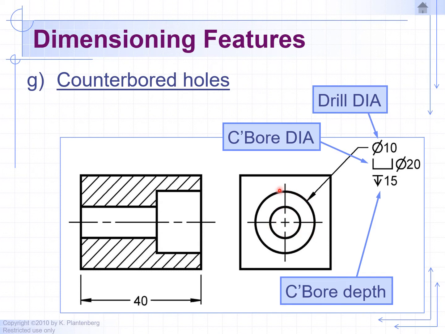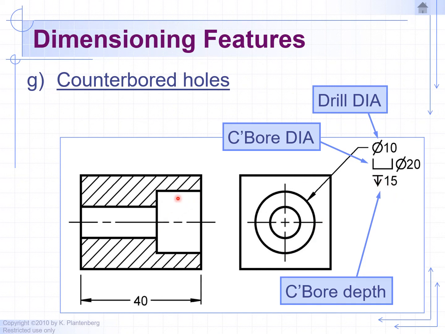Now, even though we're pointing to the large diameter hole, we first call out the small diameter. So here we have a diameter of 10 units. So that's for the small hole, followed by a counterbore hole, right? So now we have a diameter of 20 for the large circle, the larger hole, with a depth of 15 units.